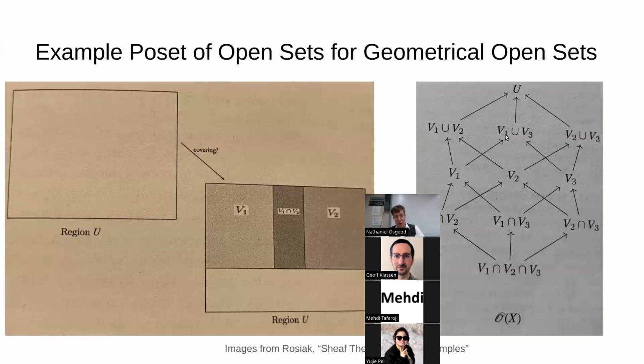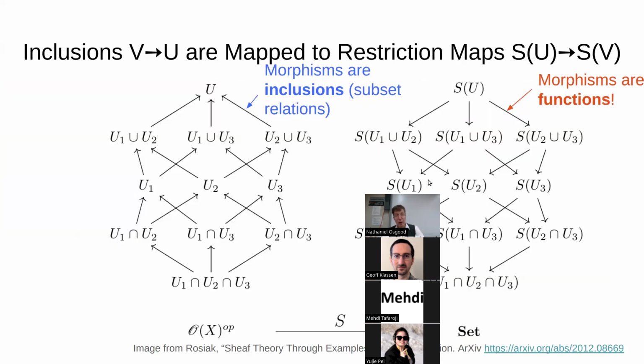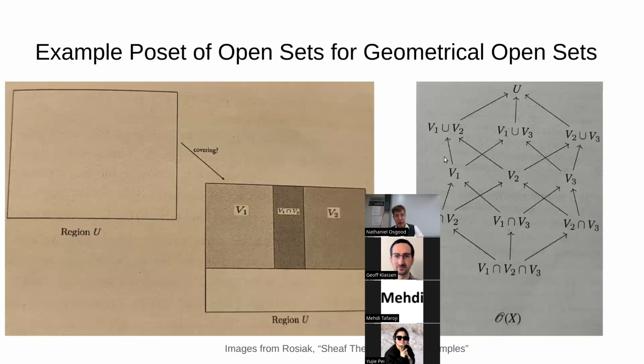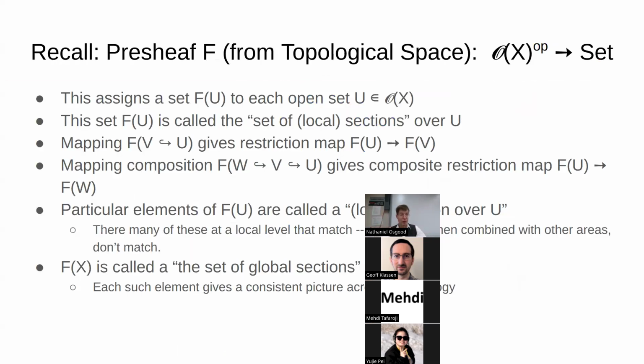V1 union V3 to U turns into this restriction map, and compose them here, and you're going to get the same results, right? So what I'm saying, like any functor, it honors composition, right? It turns composites here into composites here. Are we comfortable with that? And that's a characteristic of any functor. It's a characteristic of presheaf, for example.